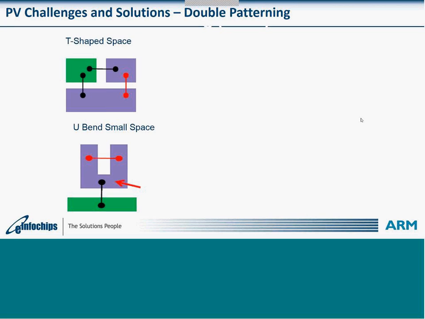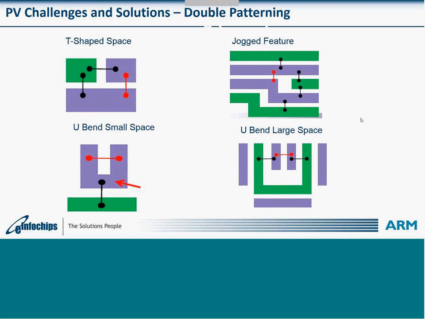So in the first T-shaped space where polygons are there, there is no way we can divide these three polygons into two separate masks where two polygons are on different masks. The same with U-bend, jog structure, and U-bend large space issues as well.